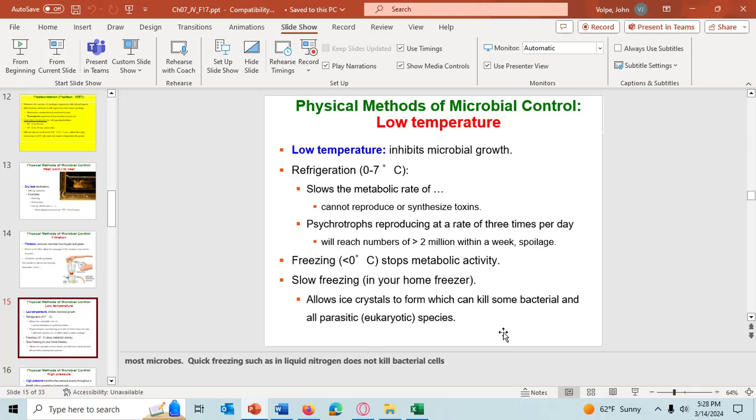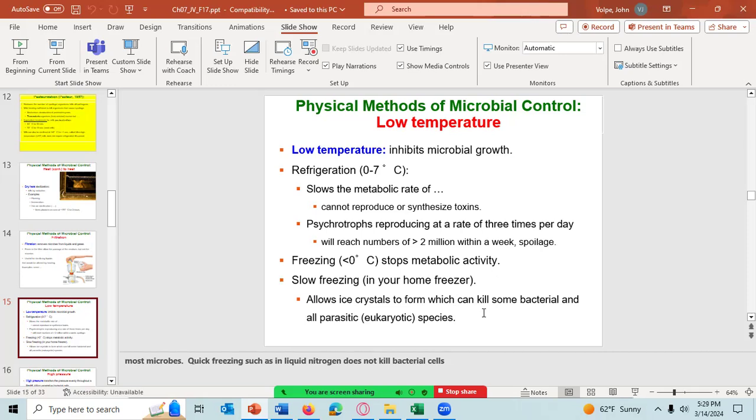Freezing stops metabolic activity. What it does is it freezes the cells. They cannot reproduce or be metabolically even active when they're frozen. Slow freezing, which is your home freezer, allows ice crystals to form, which kill some bacteria, but only about 50% of the cells.